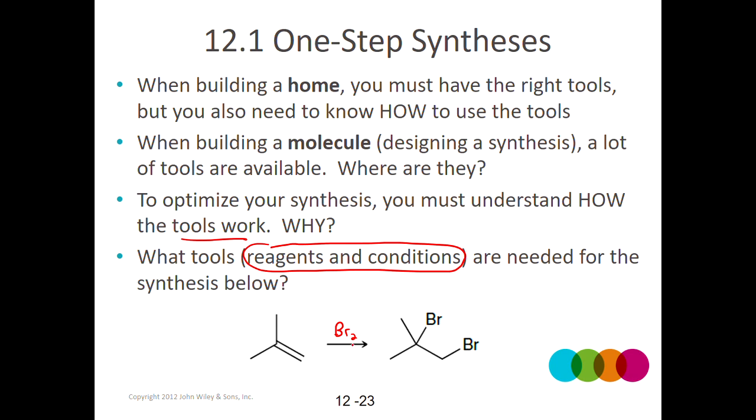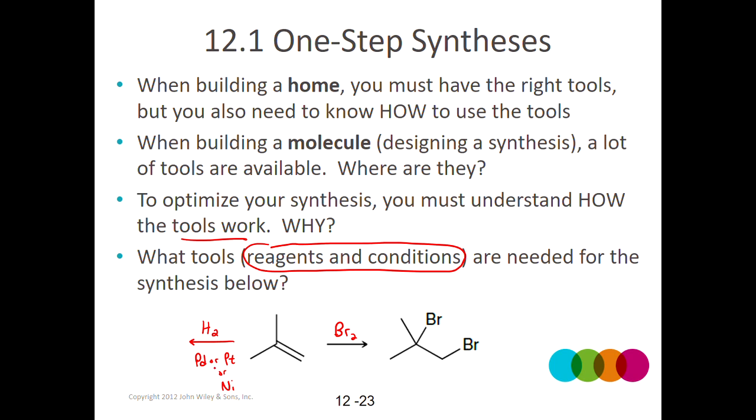So we don't need the metal. So probably what you're thinking of with the metal is if you want to add hydrogens across there. So H2 works with palladium or platinum or nickel typically.